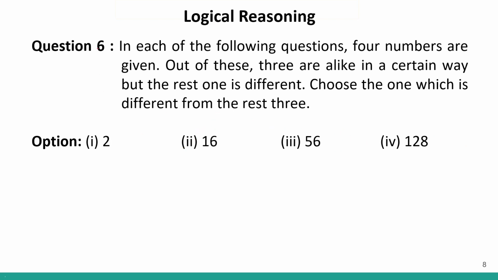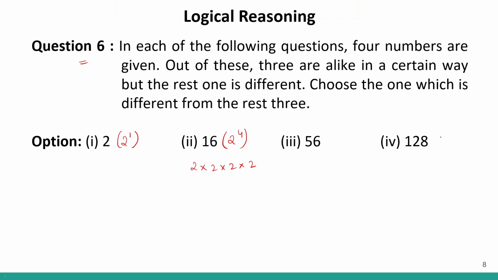Now, question number 6. We have 2, 16, 56 and 128. 2 is basically 2 raised to the power 1. 16 is basically 2 raised to the power 4. So 2 into 2 into 2 into 2. So 2 into 2 is 4. 4 2s are 8, 8 2s are 16.